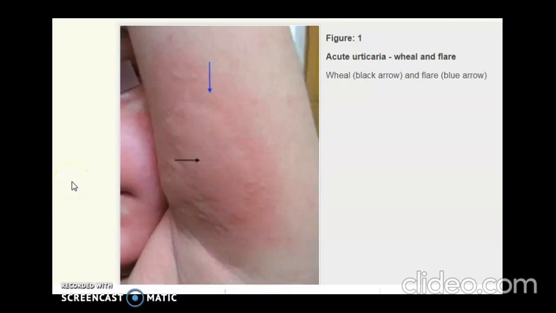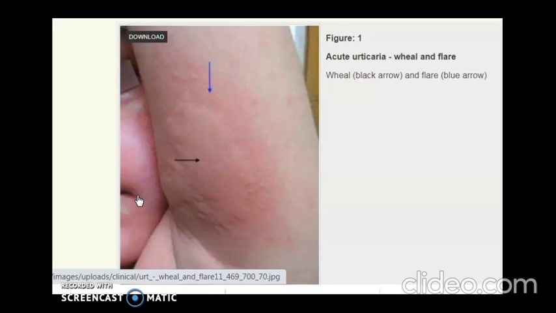The wheal is a pale central area of puffiness due to edema, which is surrounded by a flare caused by hyperemia and subsequent erythema. And this test is used for testing hypersensitivity and in identifying the allergen responsible in atopic diseases. In highly sensitized individuals, even the skin test may lead to serious and even fatal reactions.